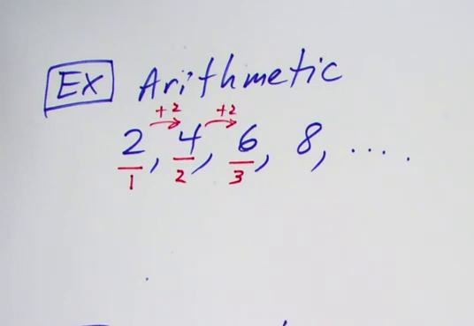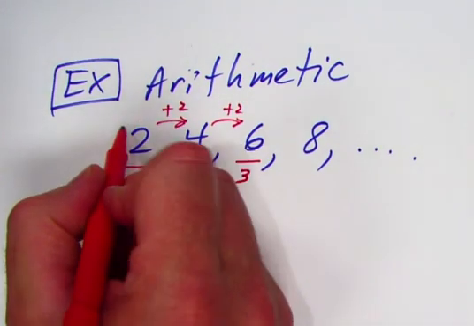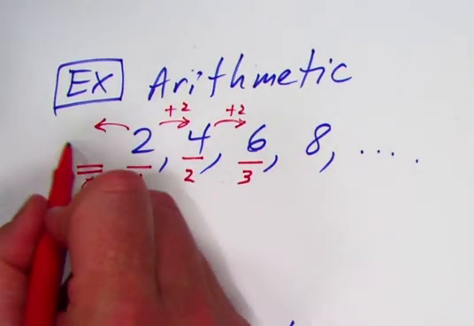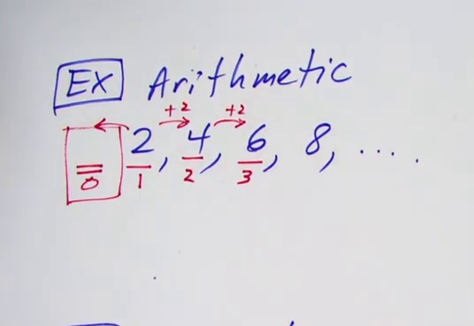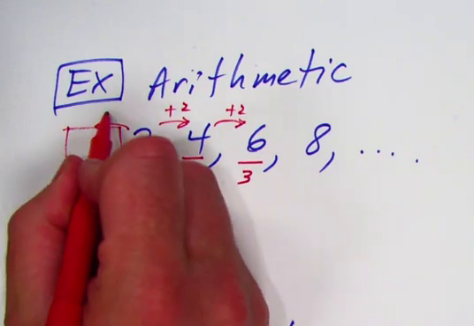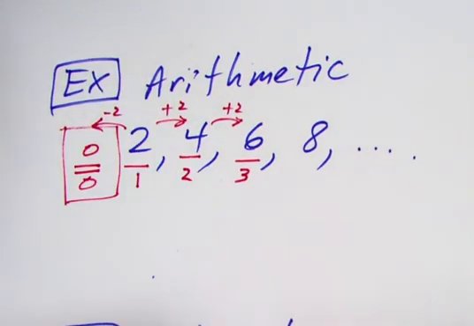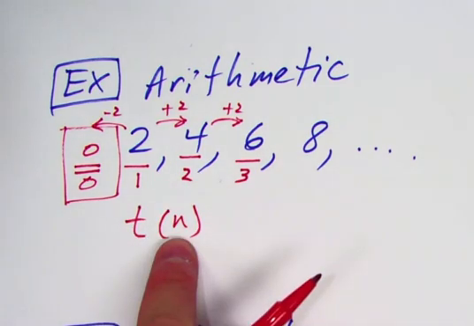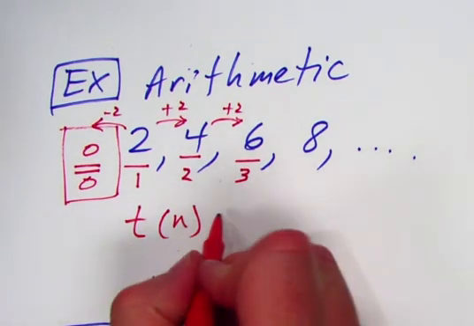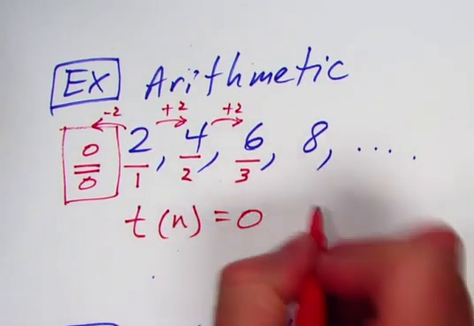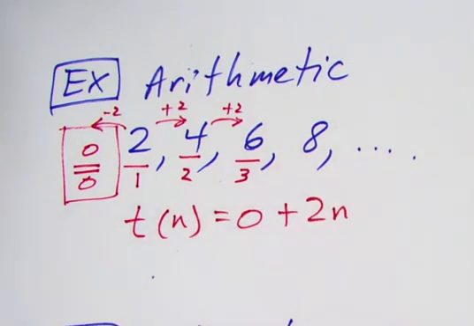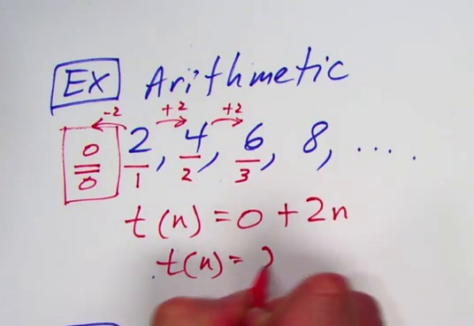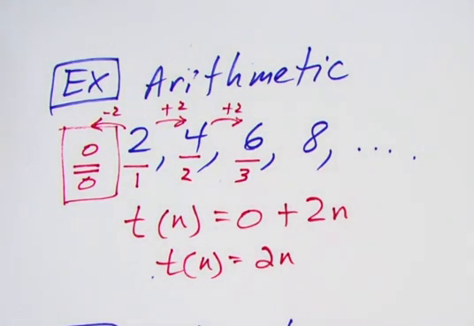So in order to write the equation for it, you actually have to go back to the 0th term of the sequence. What number would be sitting across from 0? Going back, because going forward is plus 2, that would be 0. This equation is a sequence, so we use T of n, which stands for term number n, equal to, this thing starts at 0 and we add 2 each time. Most people leave the 0 out, and T of n equals 2n is the best equation.